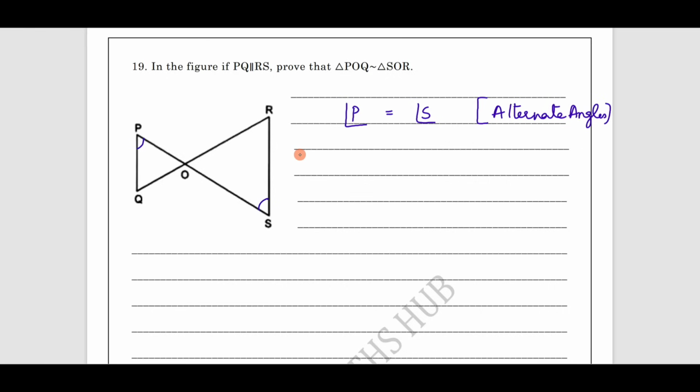The same way, angle Q will be equal to angle R. Same reason, alternate angles. And we can say that angle POQ is equal to angle ROS. Why are they equal? Because they are vertically opposite angles.